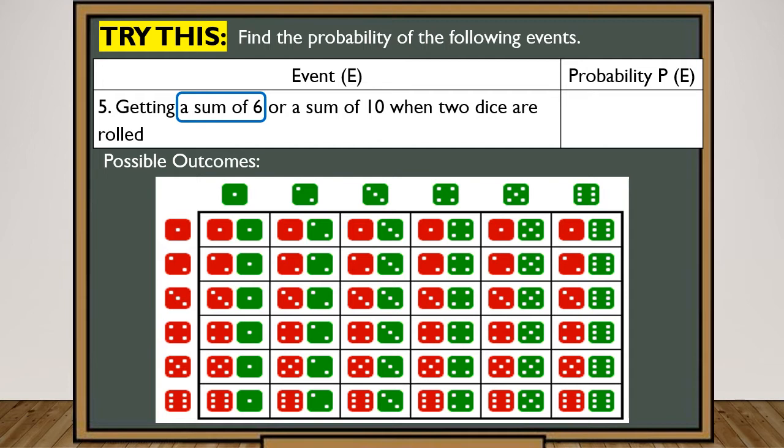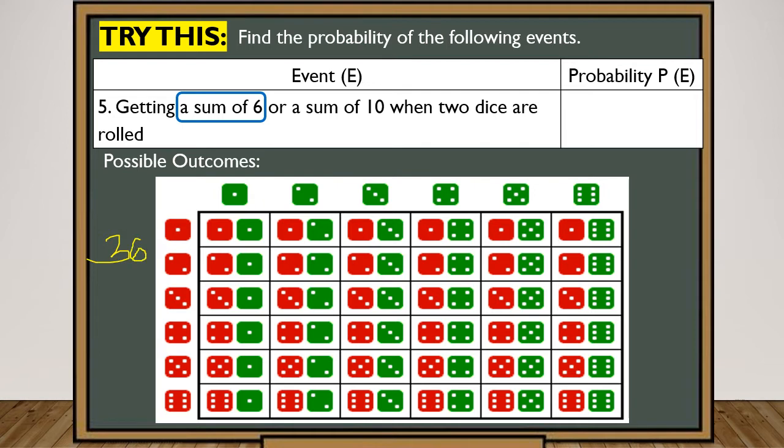When you roll the dice, these are the possible outcomes. You have 36, which is 6 times 6. So you have 36 possible outcomes.